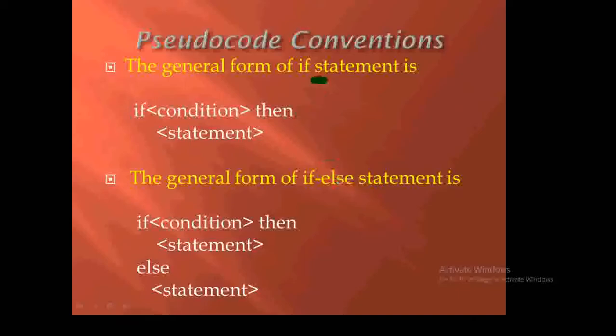That is the difference between the if statement and the if-else statement. If the condition becomes true, the first set of statements is executed. Otherwise, the second set of statements will be executed. Here, either the first set of statements or the second set is executed, but not both.